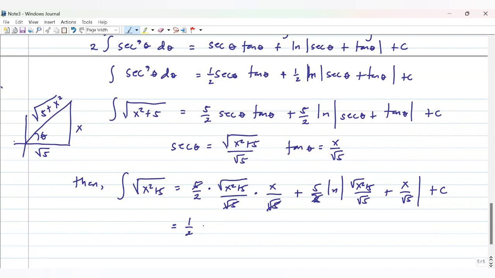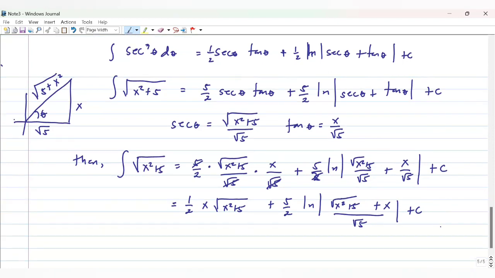Okay, so that is actually x and then square root of x squared plus 5. So the other one also is what? We have 5 over 2 ln of square root of x squared plus 5 plus x all over square root of 5 plus c.